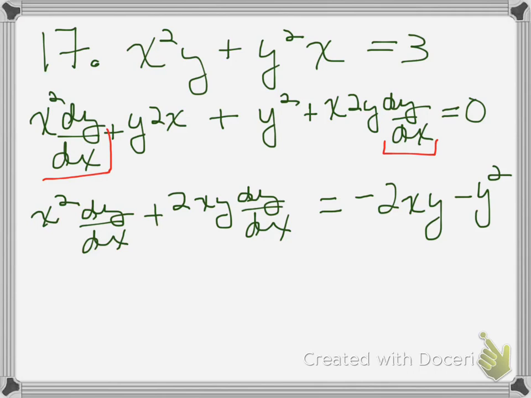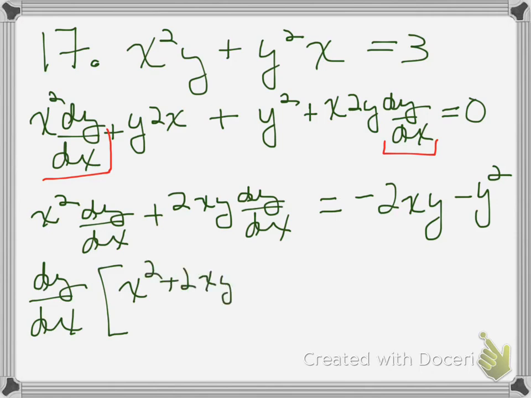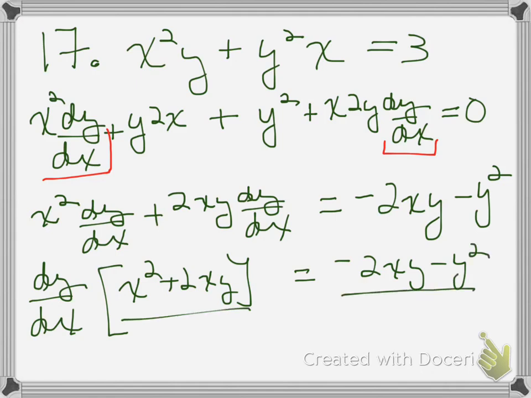So let's factor out our dy dx. That's going to give me x squared plus 2xy. Rewriting my right side of the equation, 2xy minus y squared. Divide by the x squared plus 2xy.